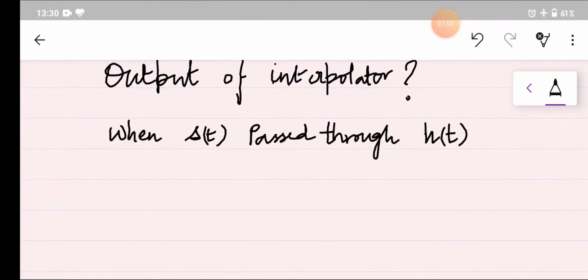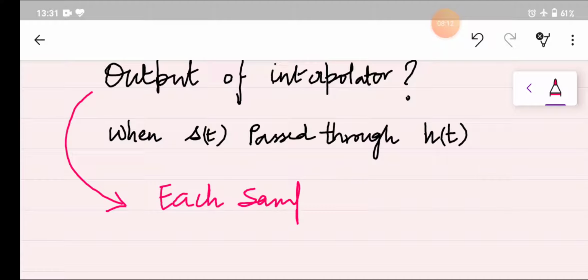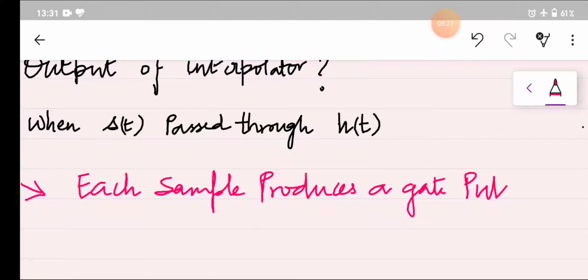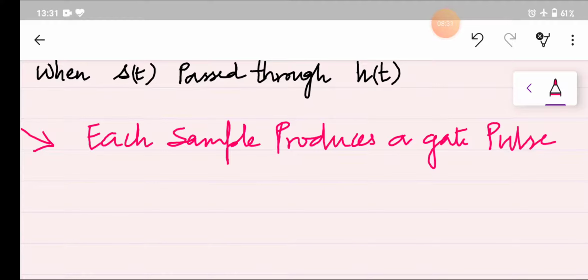The output that we will obtain is that each sample produces a gate pulse, so every sample in ST will produce a gate pulse, and this gate pulse has a height equal to x(nT).